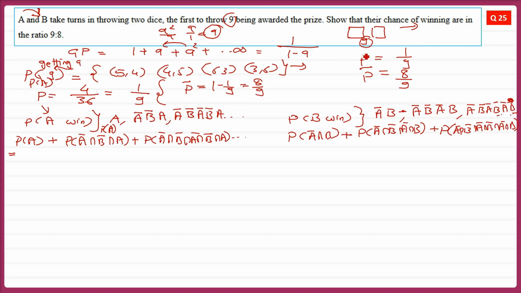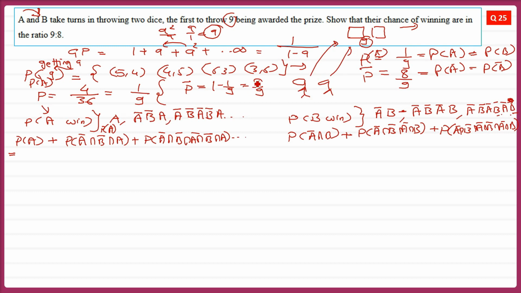Now what is the probability of A? Whenever you write it, it is the probability of A and the probability of B together, because they both have to not get a 9. So PA equals PB, because I have to write these values in the expression we have developed after discussion. PA and PB are 1 by 9, PA bar and PB bar are 8 by 9.